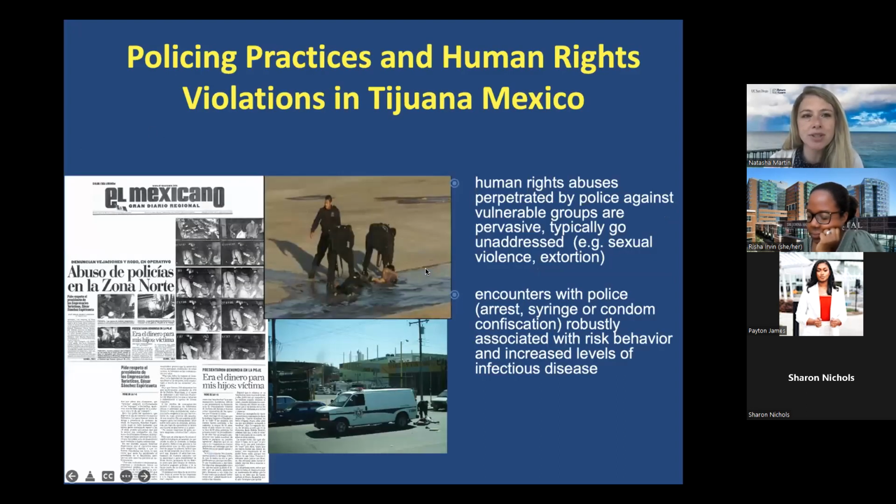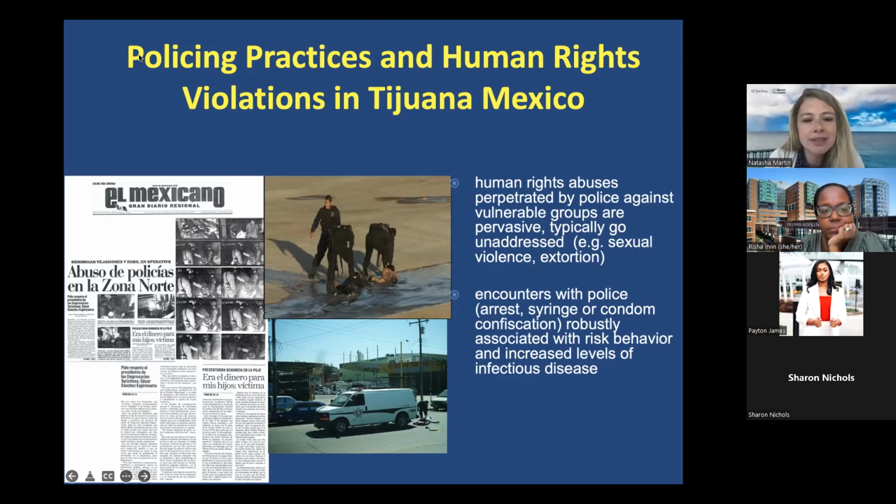Policing practices have been well documented in Tijuana, leading to human rights violations, and abuses perpetrated by the police are typically unaddressed and very pervasive. There's sexual violence that's been reported, extortion, and verbal and physical harassment.